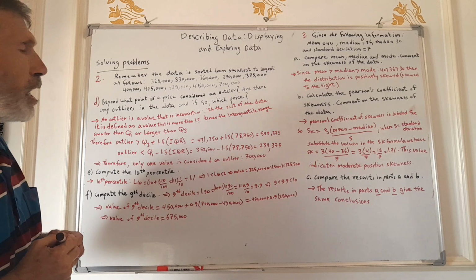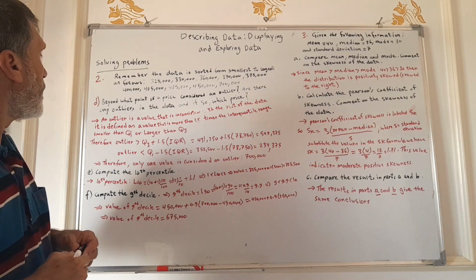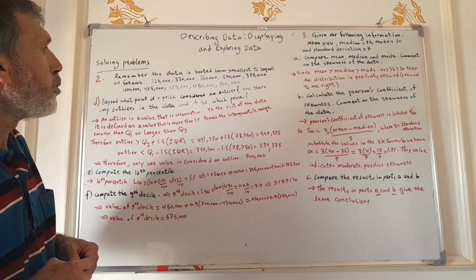Are there any outliers in the data, and if so, which price?